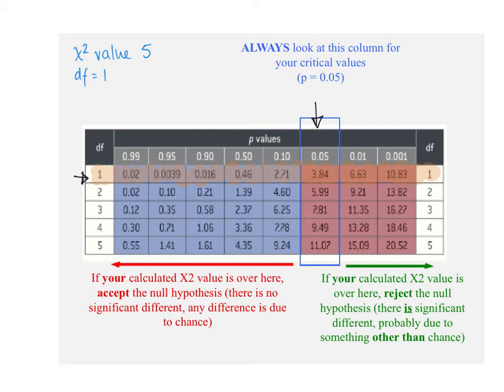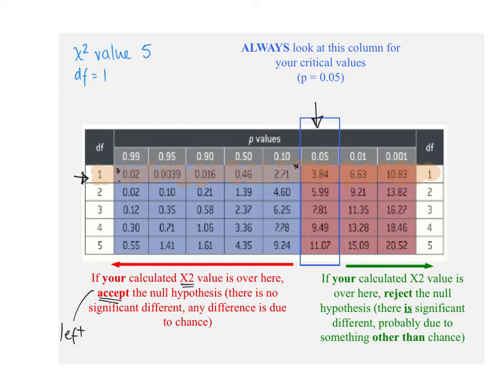And then we've got these 2 rules, as I've said, down the bottom. So if your calculated chi-square value is to the left of that 0.05 value, so it's between 0.02 over here and 3.84 over here, then you have to accept the null hypothesis. There is no significant difference.